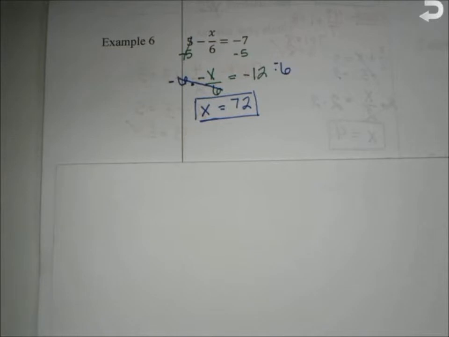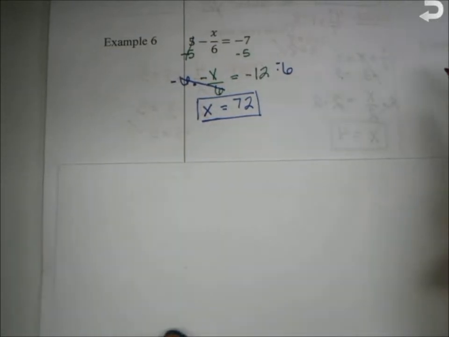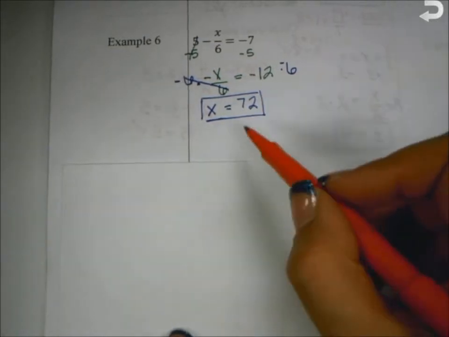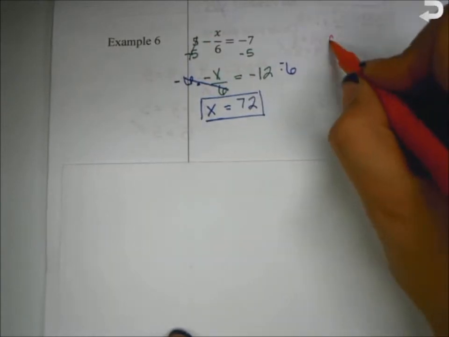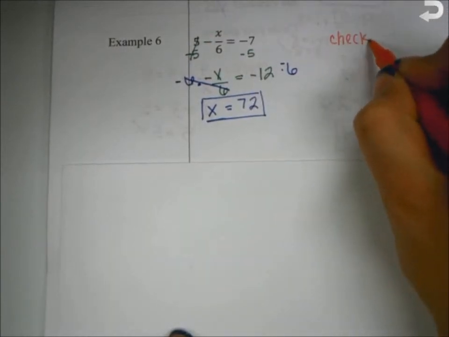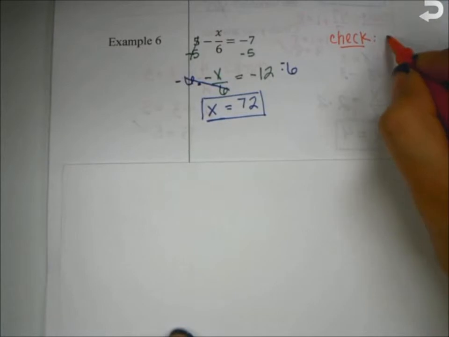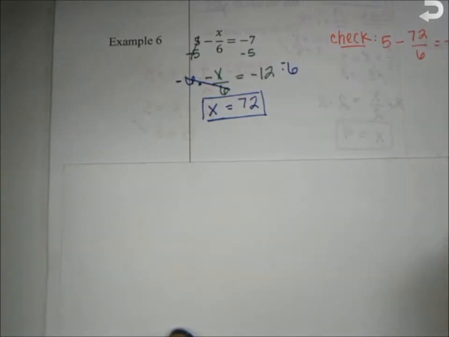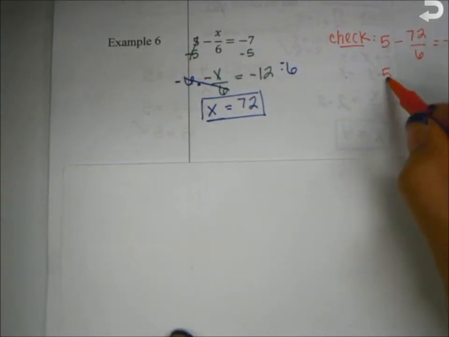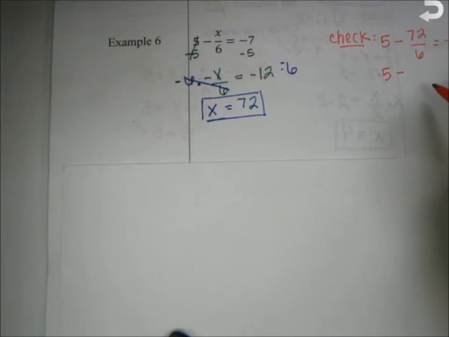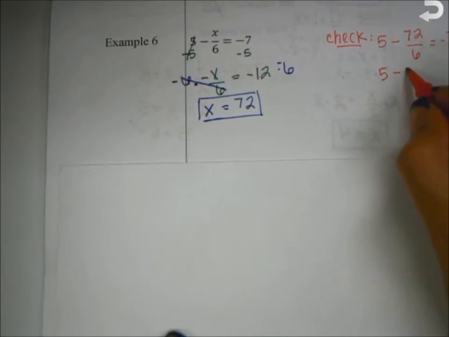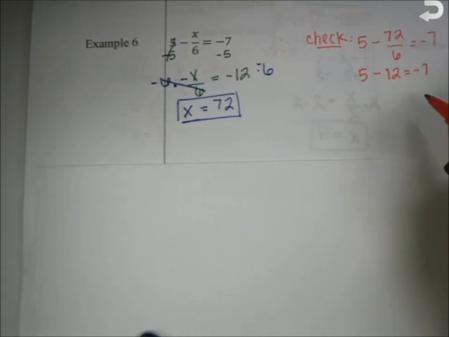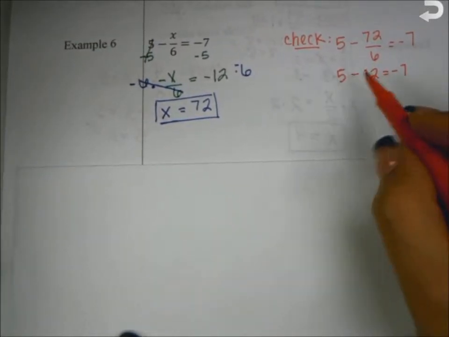So let's check. 5 minus 72 over 6 equals negative 7. Okay, 5 minus, what's 72 divided by 6? 12 equals negative 7. And 5 minus 12, ladies and gentlemen? Negative 7 equals negative 7. True statement? Yes. True statement.